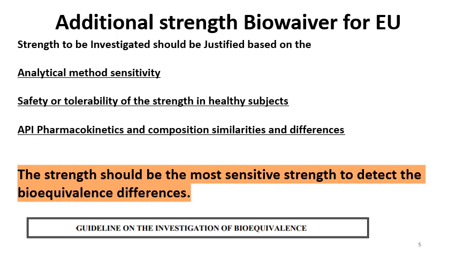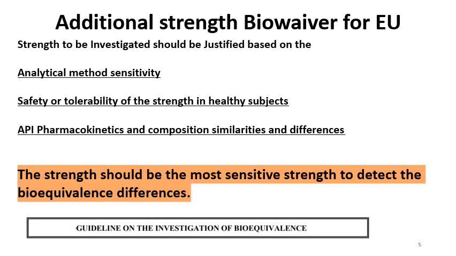Sometimes, if the product is not safe for healthy subjects in the bioequivalence study, patients are taken at that time. Then API pharmacokinetics and composition similarities and differences. And the fourth point is in vitro dissolution similarity among all the strengths.